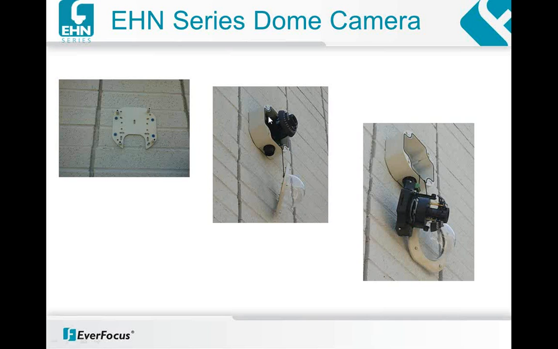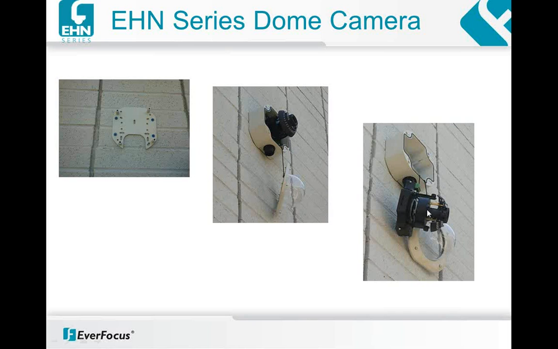And then the outer dome will mount to these 4 holes or 4 posts that you see here. And those posts are not inside of the housing, but on the exterior of the housing, eliminating any water or any moisture that can get into the internals of the dome itself, eliminating moisture building up inside the housing itself.